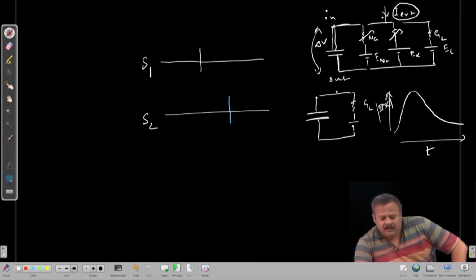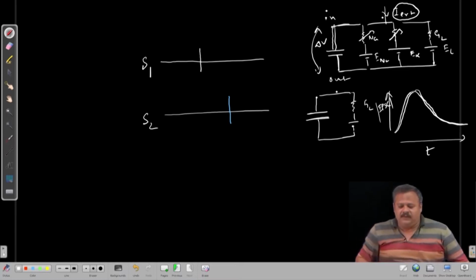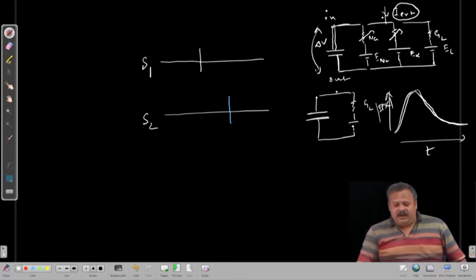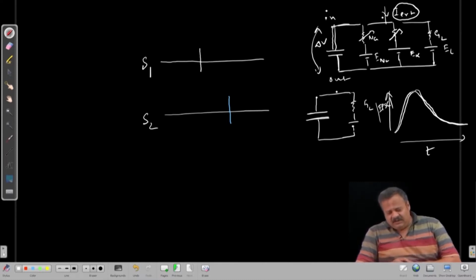This charging and discharging of the capacitor, the charging time and discharging time, is determined by the capacitance of the membrane and the impedance or resistance in parallel with it.